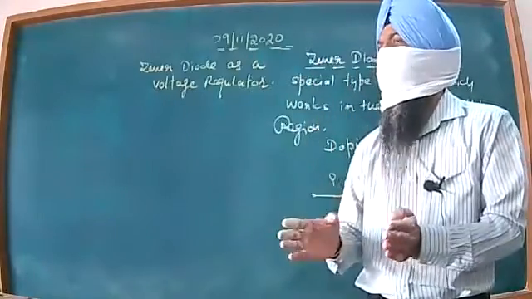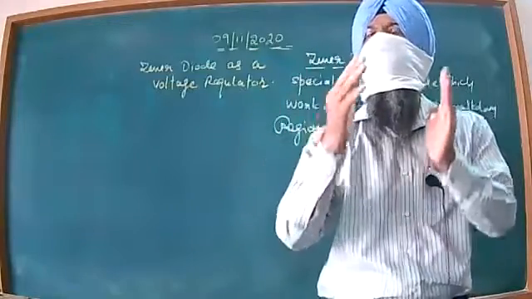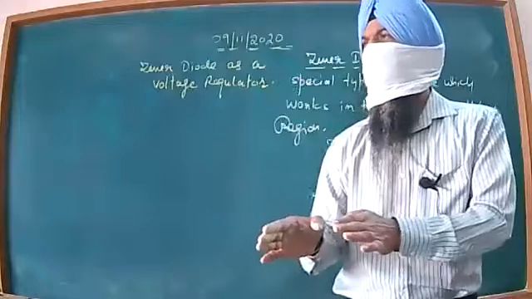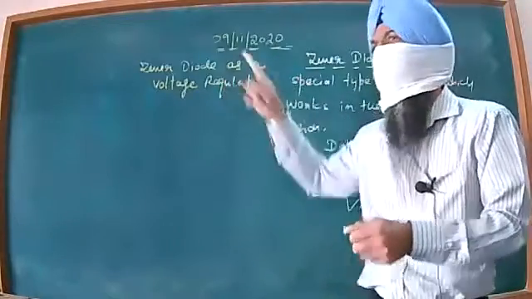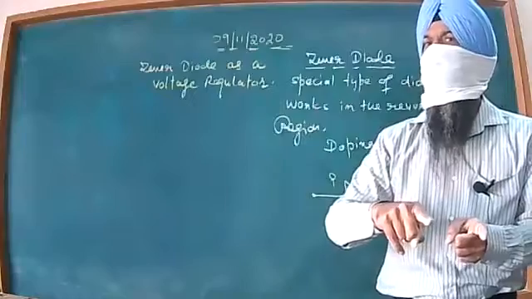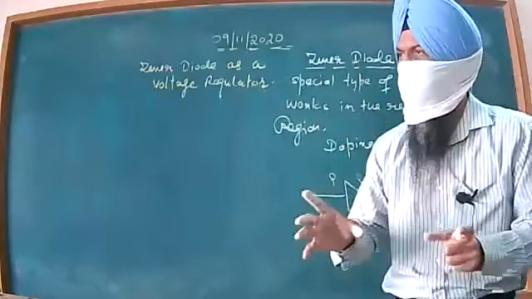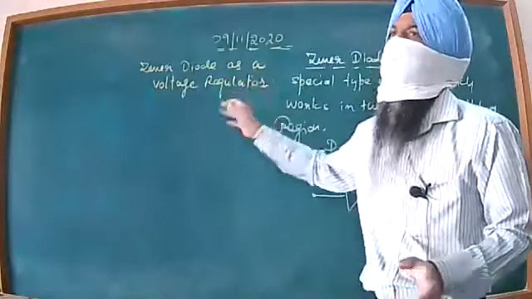So in that case, beta, those variations in the voltage need to be rectified, or we need the constant voltage. Then we subject that varying voltage to the Zener diode. Zener diode will then, beta, make those variations eliminated. It will give us one fixed value of the voltage. This is what we mean by voltage regulation.